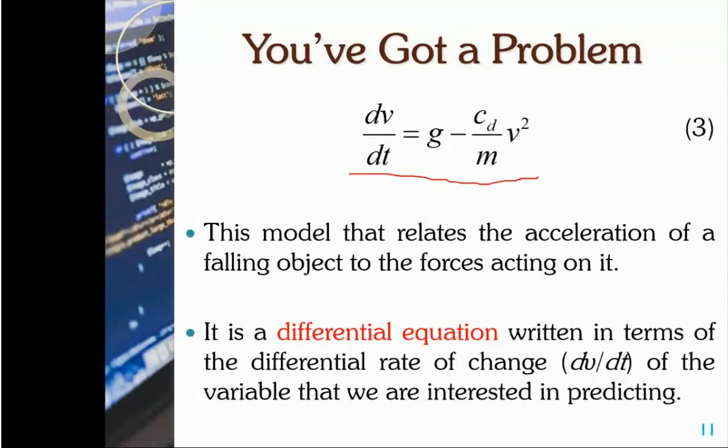So all that we expect from you as an engineer is that from this equation 3, we would like to estimate the velocity of this jumper at any given time. Okay. Now, for those who remember your calculus, the idea here will be to integrate this equation 3 to get the velocity.